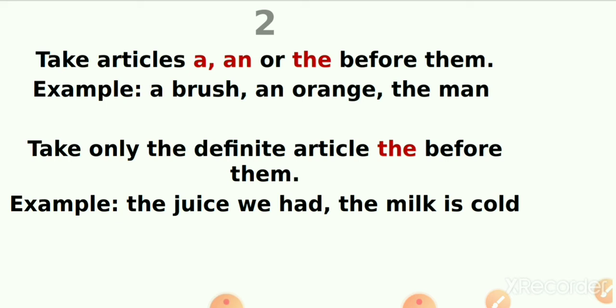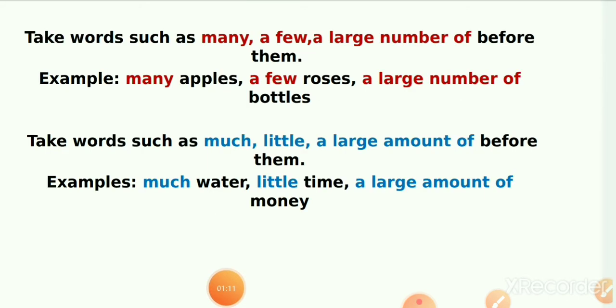But uncountable nouns take only the definite article the before them. For countable, a and the, but for uncountable, only the article the. For example, the juice we had, the milk is cold. Rule number 3. Countable nouns take words such as many, a few, a large number of before them.